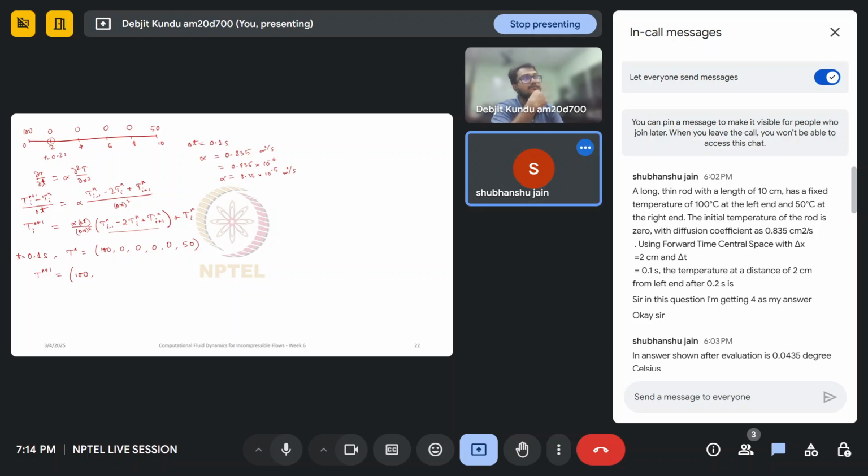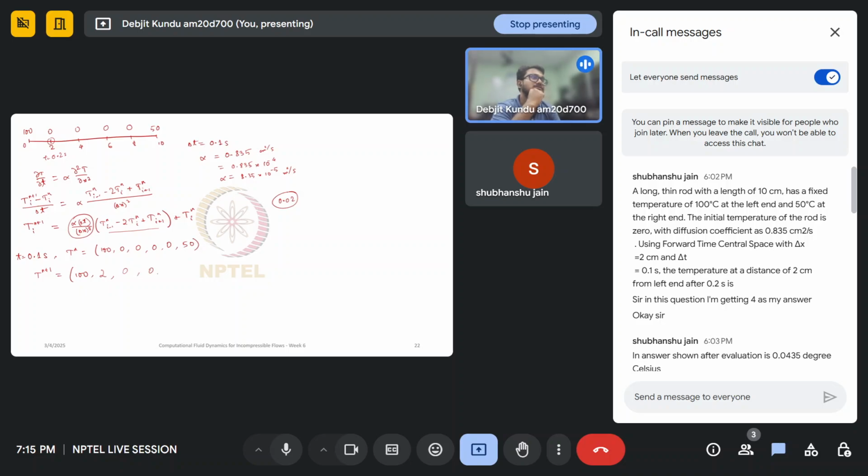And what is the value of this thing? Alpha delta t by delta x squared, that's 0.02. Fine, nice value. So basically, this should be 0.02 into 100 plus 0. So this becomes 2.